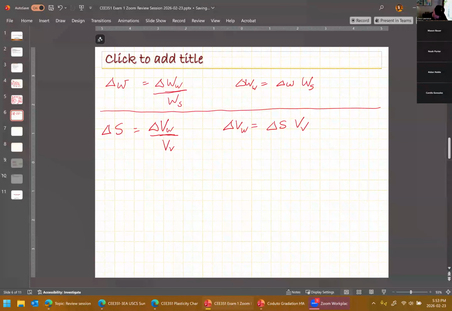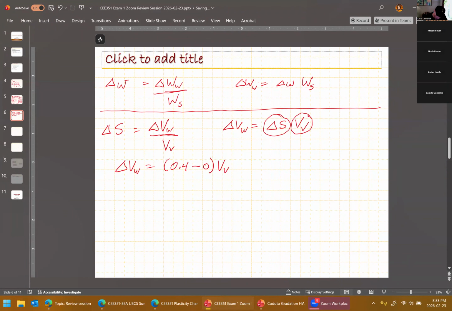And so I already know to go from 0 to 40% saturation. I already know 0. The question is, what about 40%? I already know the volume of voids, and those are not changing. So if I can say delta VW equals, well, if it ends at 40% and it started at 0 times the given volume of voids, which I already know, right?